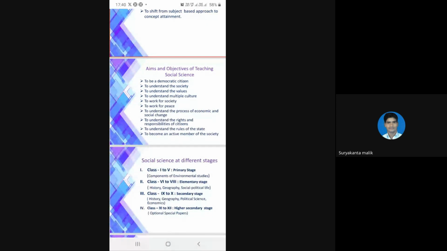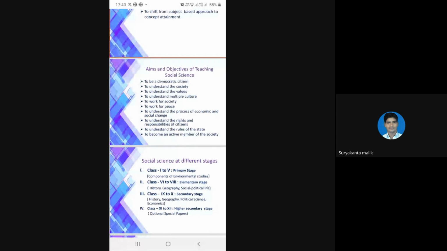When we come to the elementary stage, from class 6 up to 8, social science is divided into different groups like history, geography, and social and political life. Economics is not there up to the 8th class level, but at the secondary stage in 9th and 10th, social science covers four subjects, and economics is added to it.